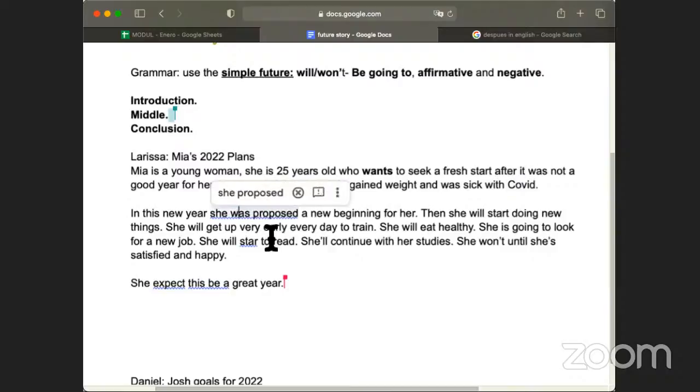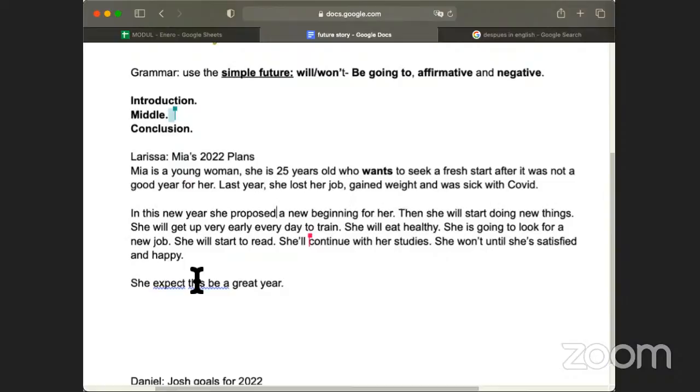In this new year, she proposed. Yes, she proposed a new year. And she proposed, yes, I think that's correct. Okay. And because she proposed it for herself, right? Then she expects, this is simple present, no?